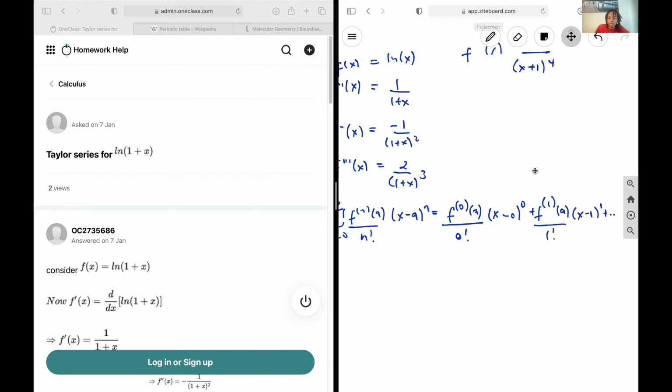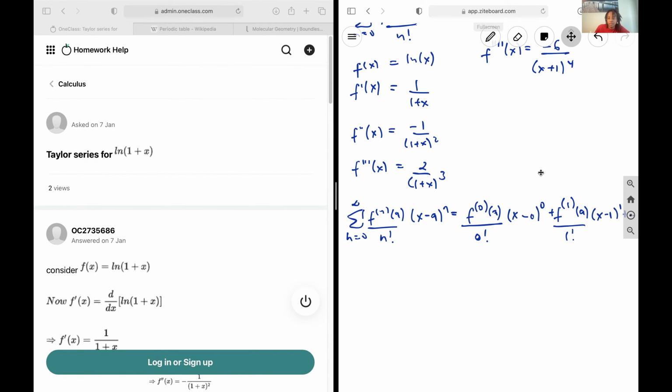And so we're just going to go until the fourth n value because we have the derivative until that number. You can keep going, but you can develop a sense of the pattern if you just have a few of them.